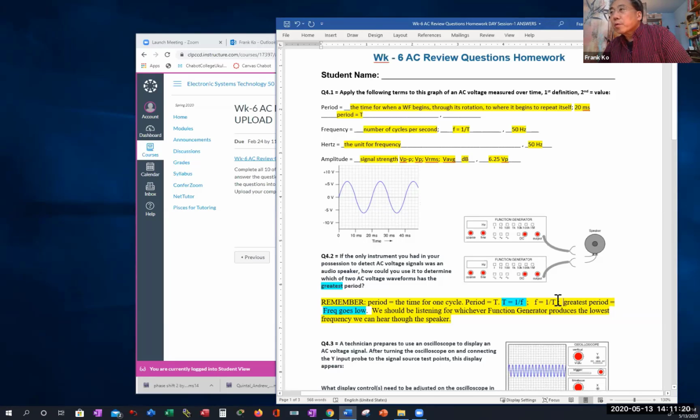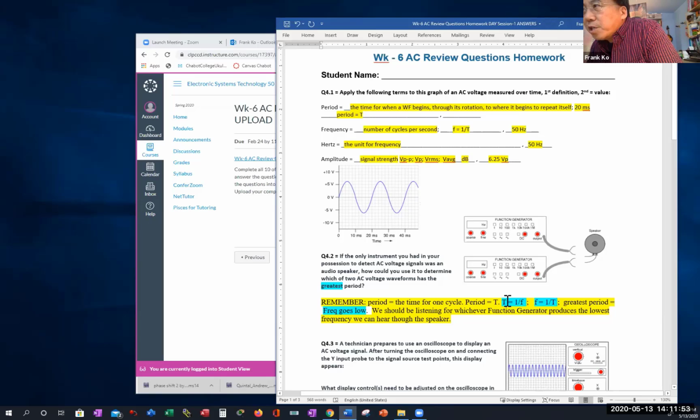Okay, so there's your forwards and backwards of that particular formula. T is equal to the reciprocal of frequency. Frequency is equal to the reciprocal of period. So if I want greatest period, the biggest number here, that means my frequency has to go low.